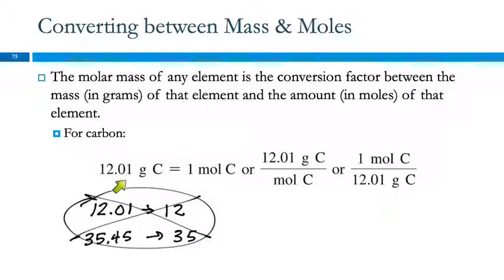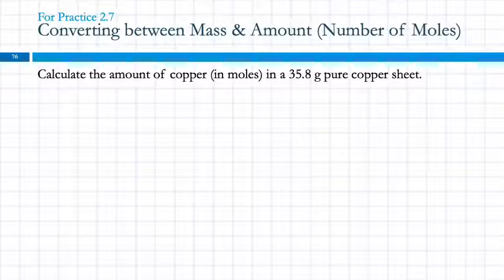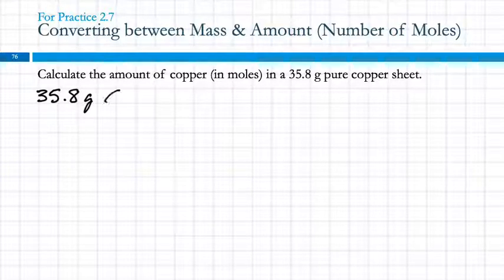So we get this number from the periodic table, and we can make 2 conversion factors out of it. And this also comes down to dimensional analysis. So we should be able to do things like this. Calculate the amount of copper in moles in a 35.8 gram pure copper sheet. So pull out numbers. We got 35.8 grams of copper.